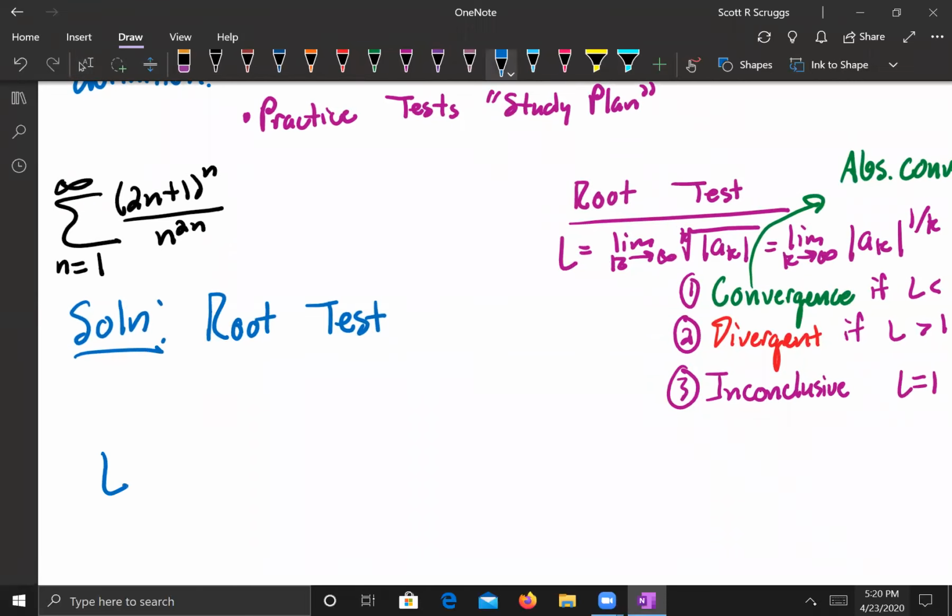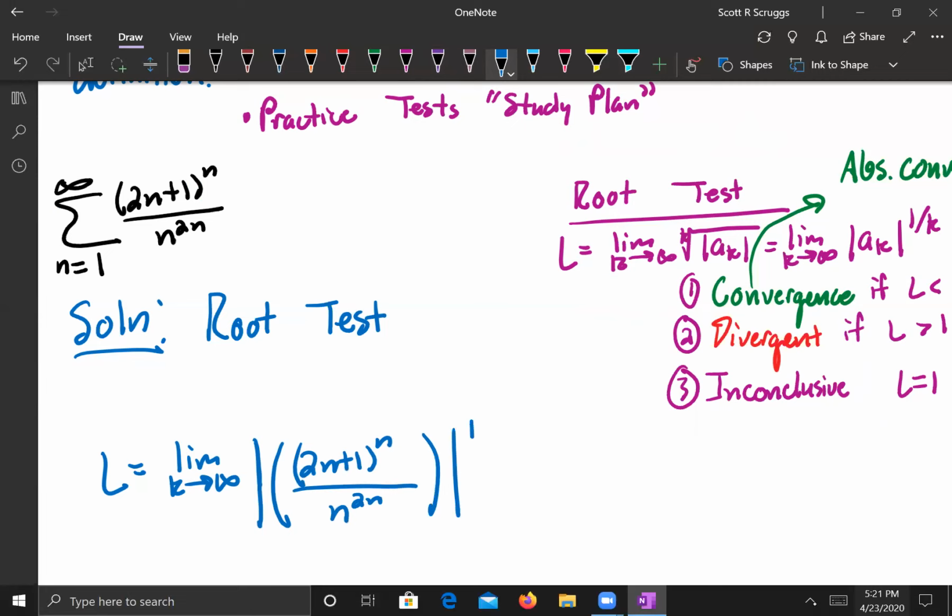I want to define L as the limit as n goes to infinity of the nth root of what's going on. So for my terms, I have 2n plus 1, all of that to the nth power, divided by n to the 2n power, absolute value, to the 1 over n.